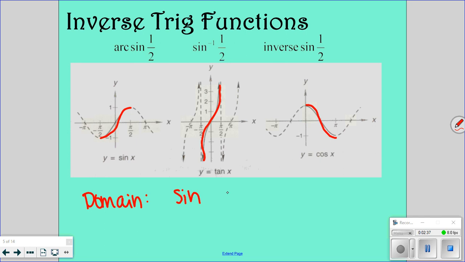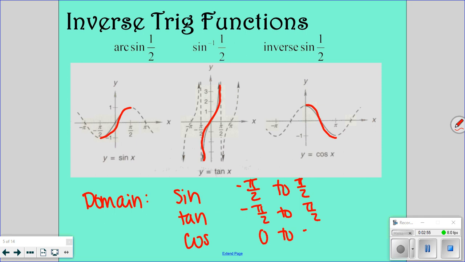For sine, it's from negative pi over 2 to pi over 2. For tangent, it's from negative pi over 2 to pi over 2. And for cosine, it's from 0 to pi. So these are for your inverse trig functions.